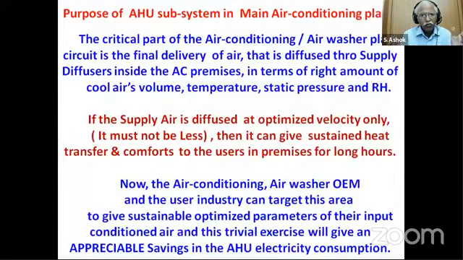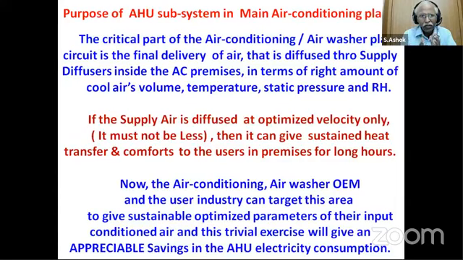So the purpose of the main AHU in the air conditioning plant, the critical part of the air washer unit, is the final delivery of the air that is diffused through the supply diffusers in the AC premises. It should be in terms of the right amount of air volume, temperature and static pressure.